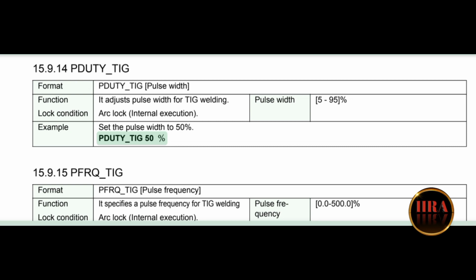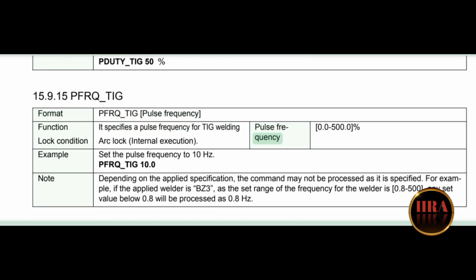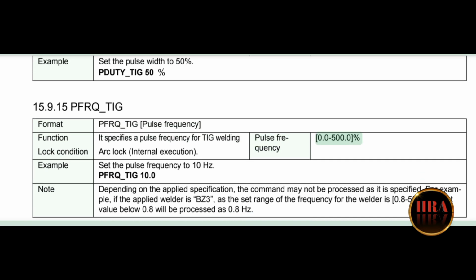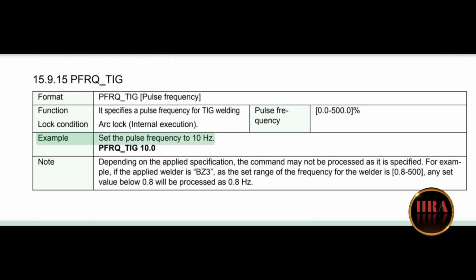PTYPE_TIG 50%. Format: PFRQ_TIG pulse frequency. Function: it specifies a pulse frequency for TIG welding. Pulse frequency: 0.0 to 500.0 Hz. Lock condition: arc lock, internal execution. Example: set the pulse frequency to 10 Hz.